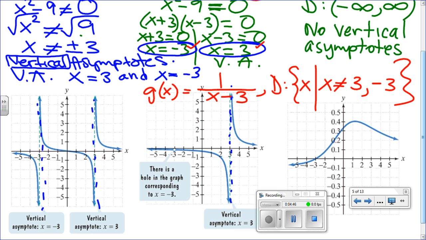But the vertical asymptote is only that one. Since we excluded that other x value from the domain, at x equals -3, what we have is this open circle. You guys see it on your graph? It's tiny, tiny, tiny. An open circle means that it's not included. Because you were able to factor and cancel something out, you don't have a vertical asymptote anymore, but you still have to have that open circle. Okay.